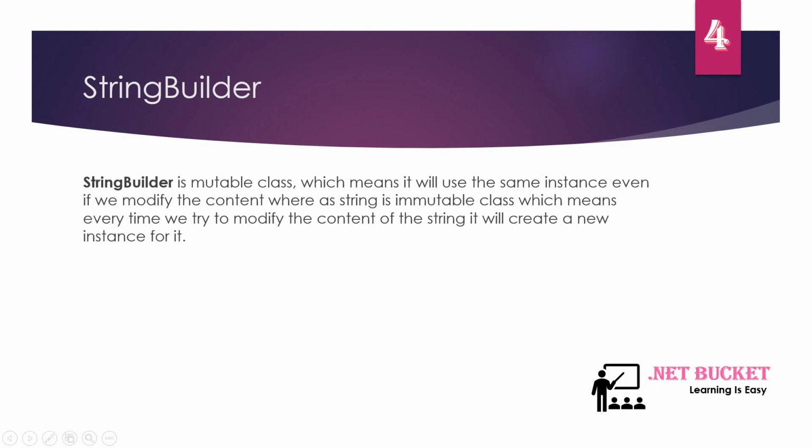New instance means it will always try to get a new memory location and it will try to delete the previous one. So there is an overhead on our CPU and memory to have this creation and memory location done. So it's always preferable to use StringBuilder whenever you want to modify a string again and again.